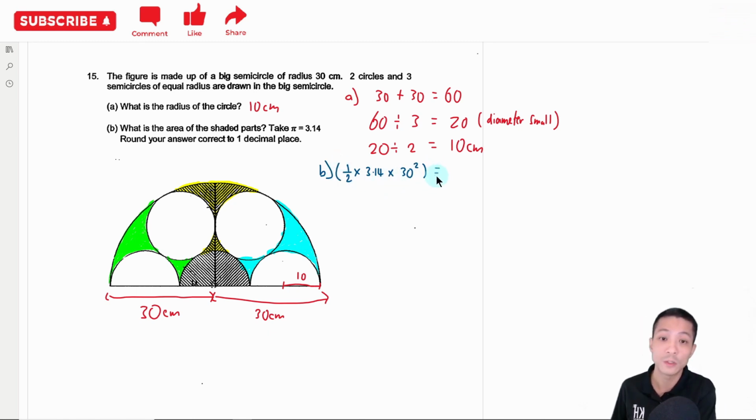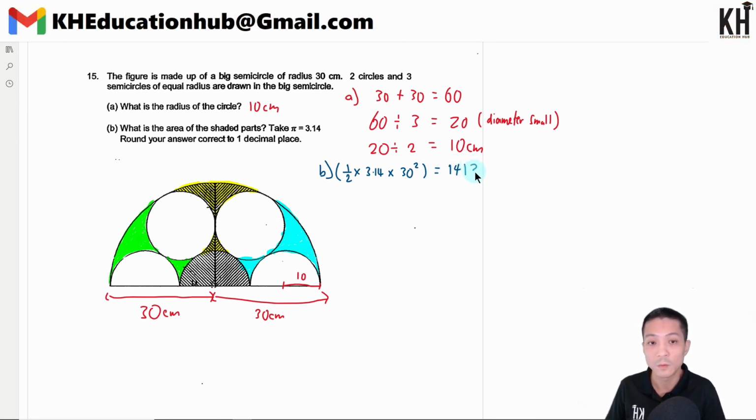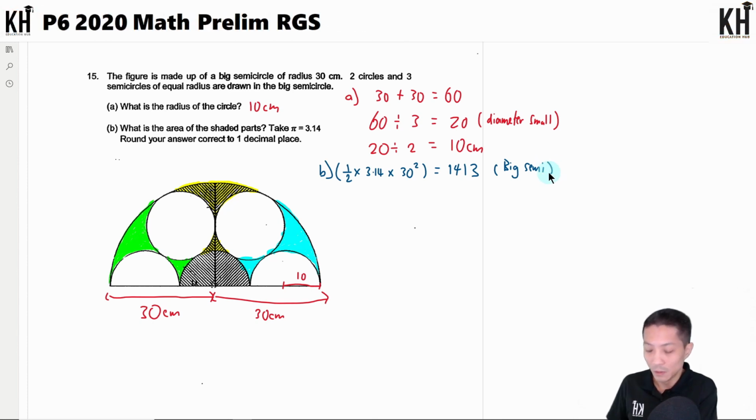This will be equal to 1413. This one is the big semicircle. Let me just double check.